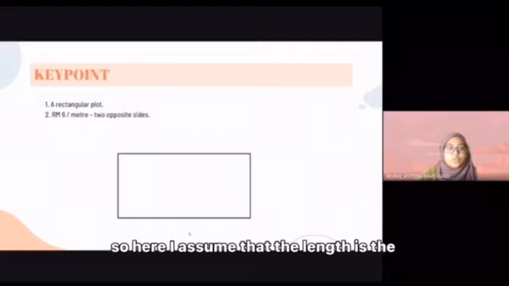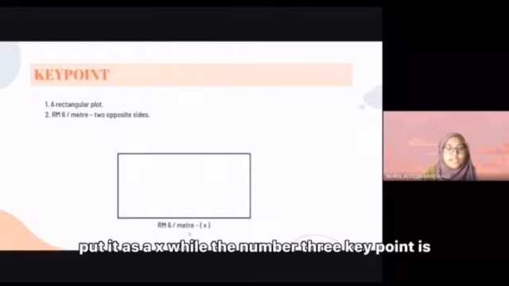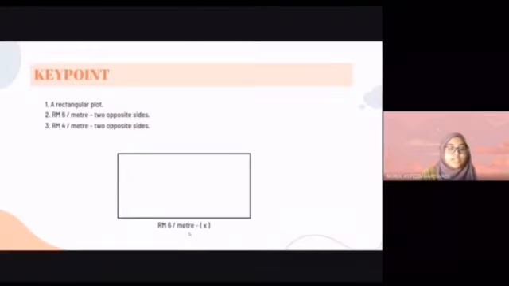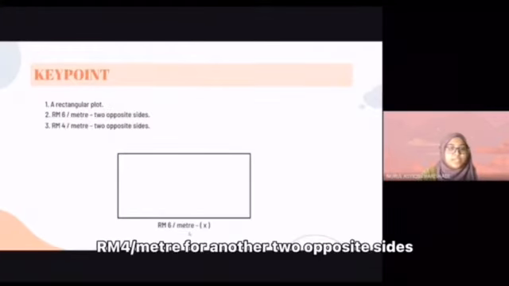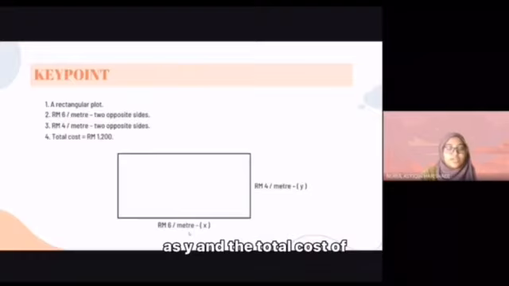Here I assume that the length is the 6 ringgit per meter, and to make it easy, I put it as x, while the third key point is 4 ringgit per meter for the other 2 opposite sides, and I put it as the width, y. And the total cost of fencing is 1,200.